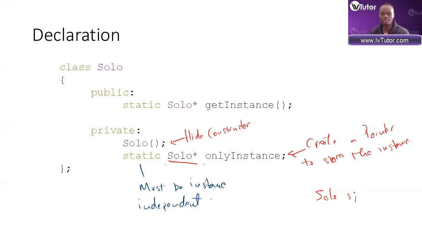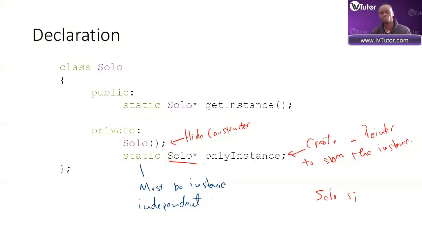So that is why we make this data member static, because it must not belong to a particular instance of Solo. It must be shared across all the instances of Solo, which means anytime we see an object of type Solo, we know that it's using this exact same instance, right? That is why we make it static.